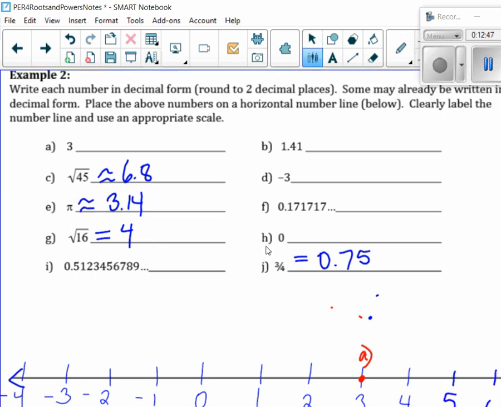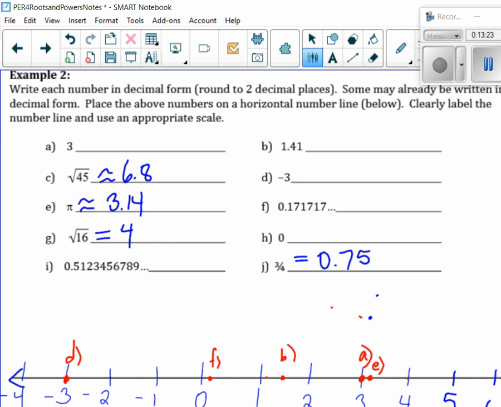I don't think I have another 1 point whatever, so there's my B. My C is 6.8, so there's my C. My D is -3. My E is 3.14. So say right about there, there's my E. And then 0.17 is, say, right there. So that would be F.